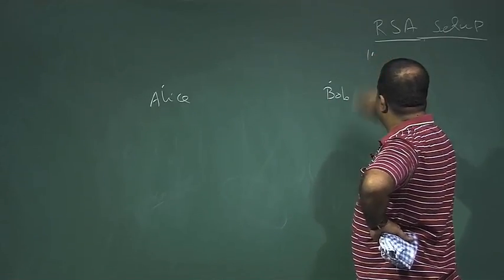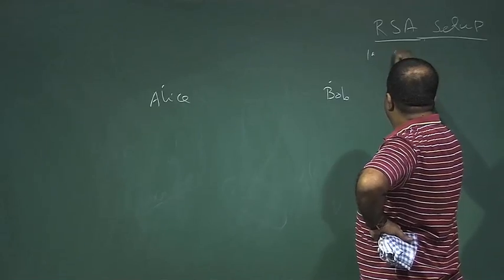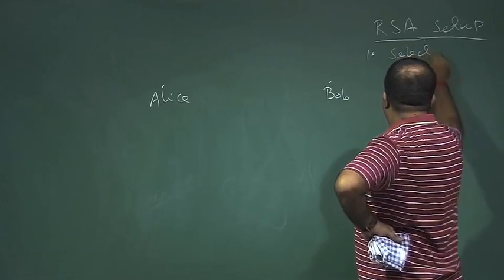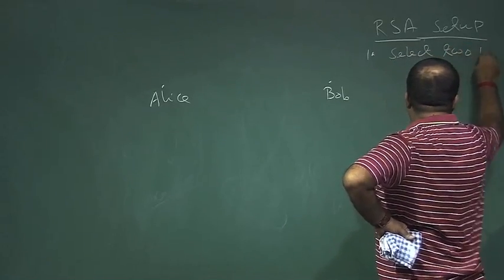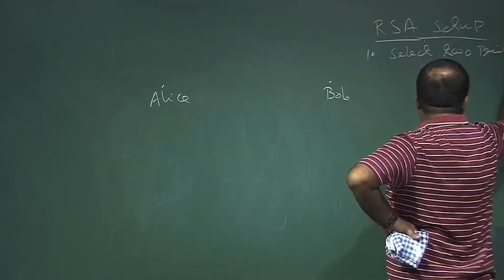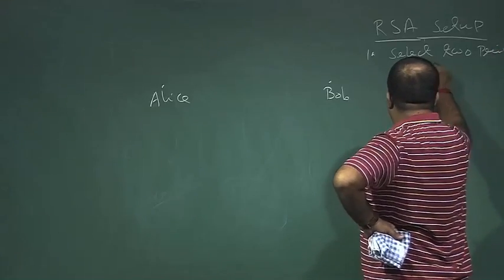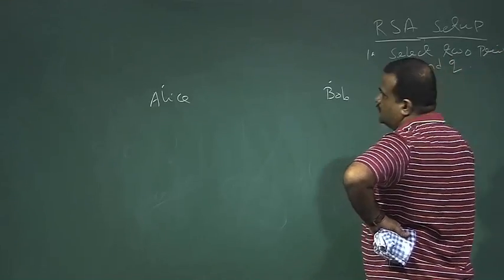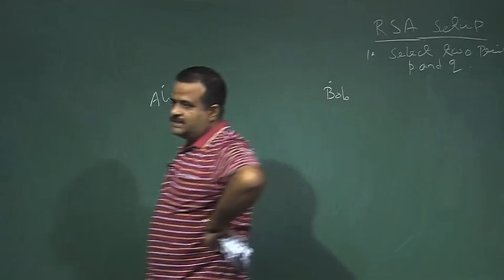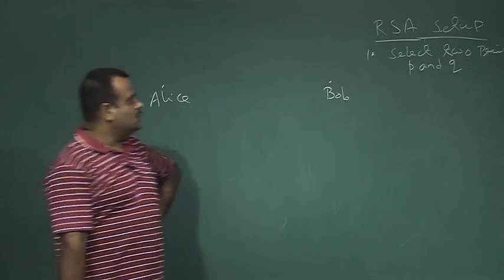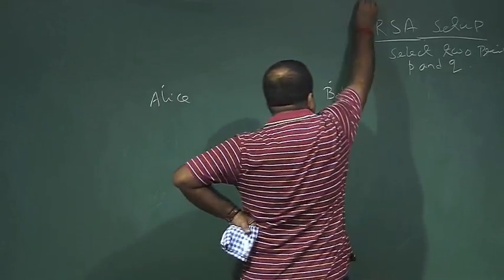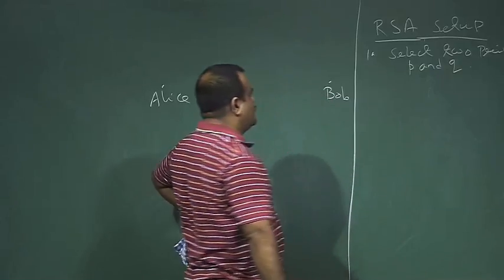The first step is that Bob will select two primes P and Q, and usually these have to be large primes. Why large? We will come to know when we talk about the security of this scheme.